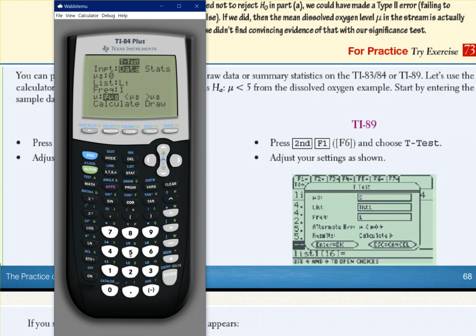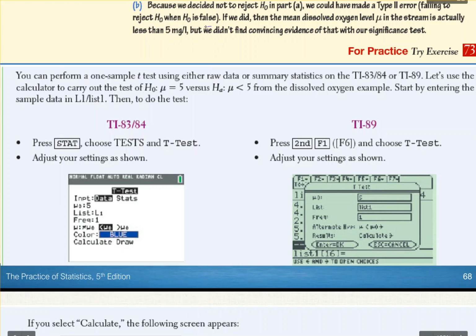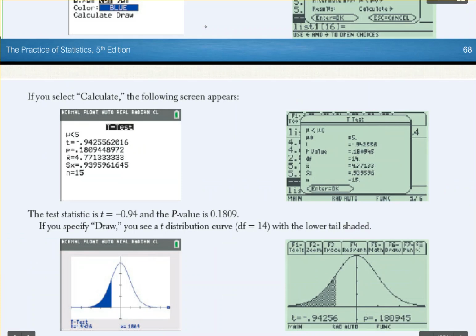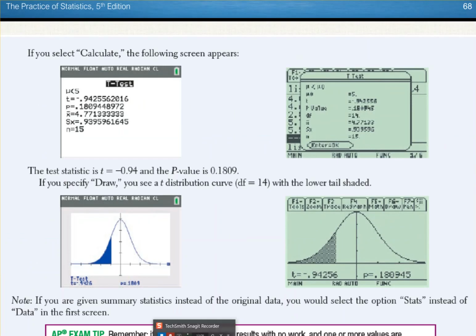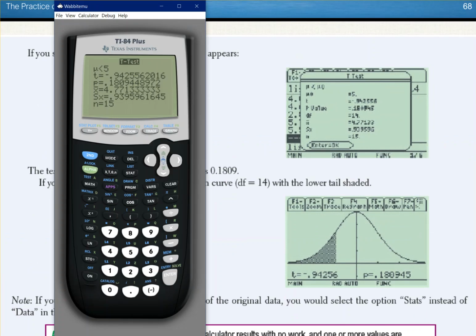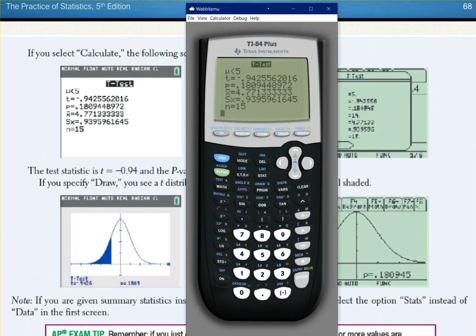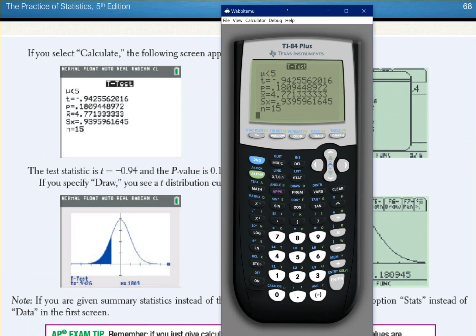We said mu naught was 5. This is L1, frequency 1. We want to know that mu is less than mu naught. So we do this. Notice we got this p-value. Without any rounding, it's pretty close. So our p-value was 0.181 or 1809.